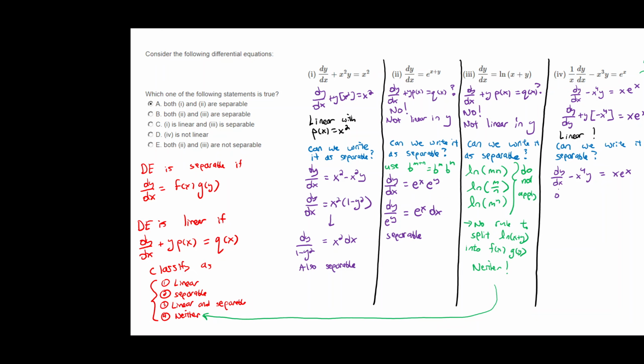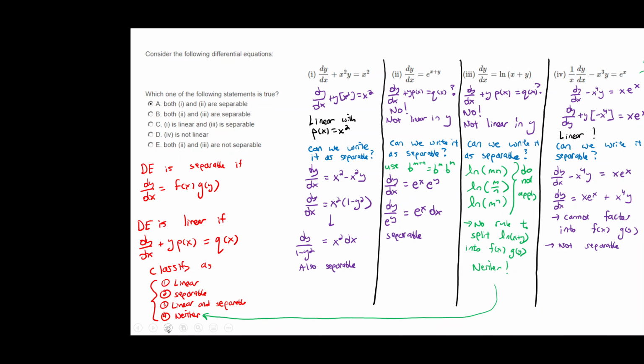I'm going to get the dy by dx all by itself. So dy by dx is equal to x e to the x plus x to the 4 y, adding x to the 4 y on both sides. I get this. And we cannot factor out something for x. We can't factor out something for y. We're stuck. Cannot factor into f of x times g of y. So it is not separable.